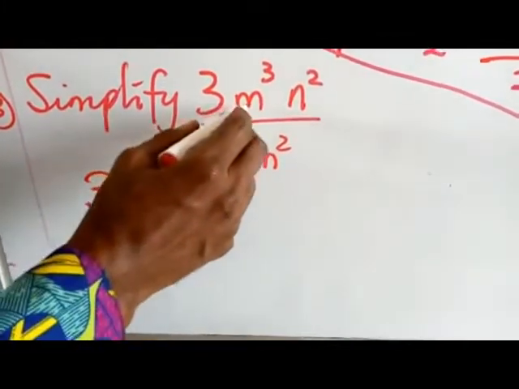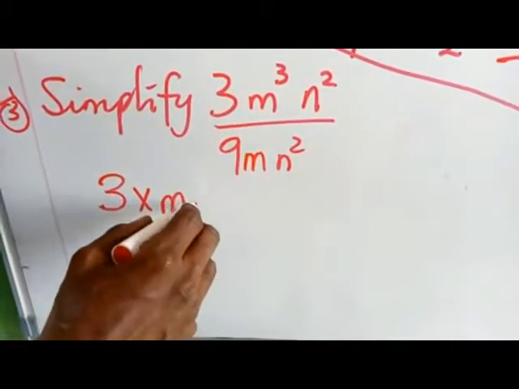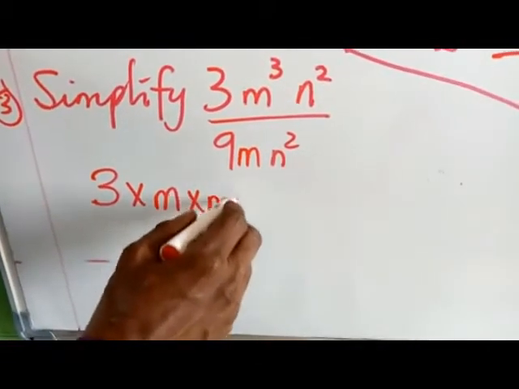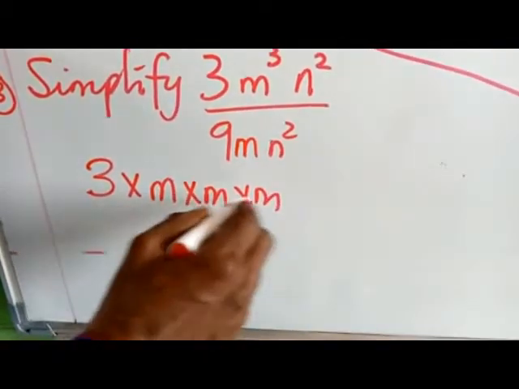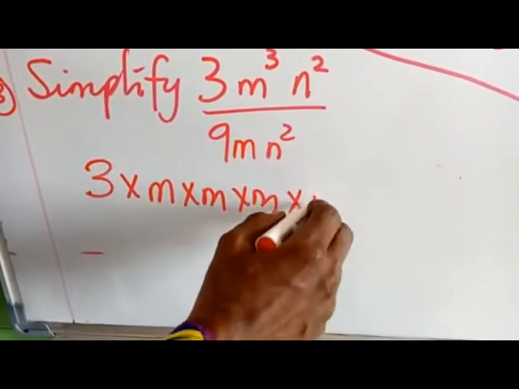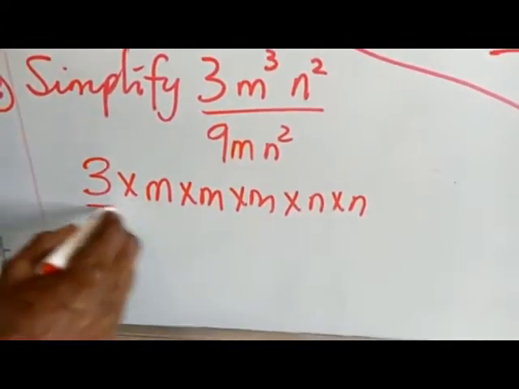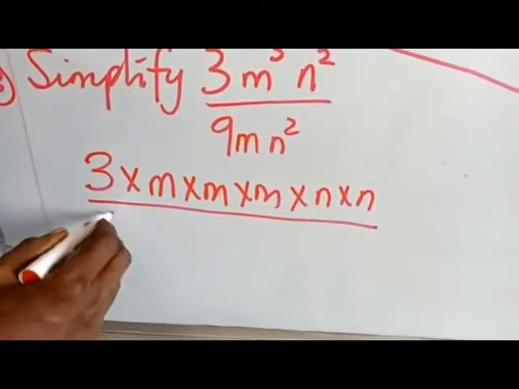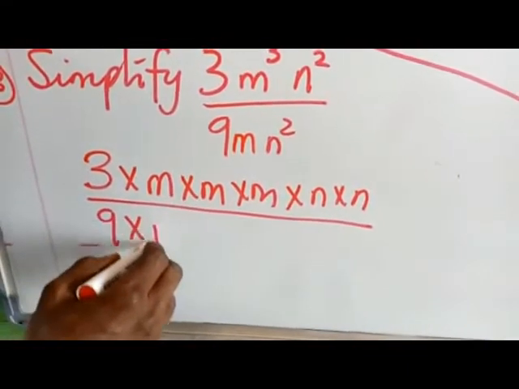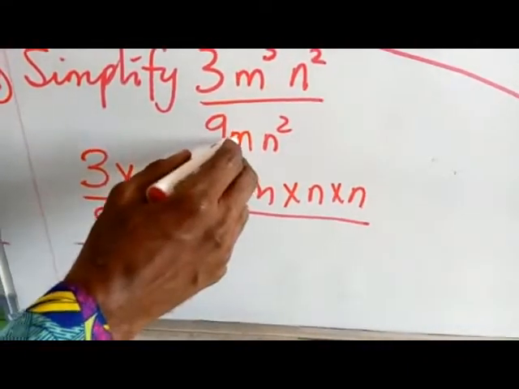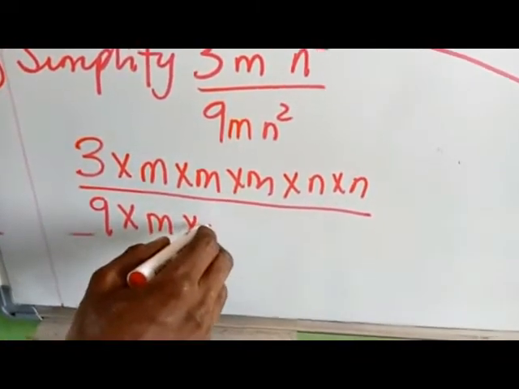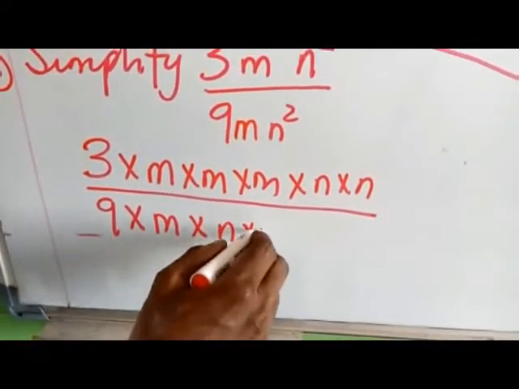You need to expand m. m cubed means m in 3 places, that is m times m times m. 1, 2, 3. Then we go to the n. n appears how many times? Squared, that is 2 times. All over 9 times m. m appears only once. So you go to the next, which is n, which appears 2 times.